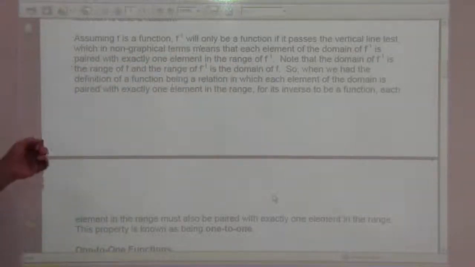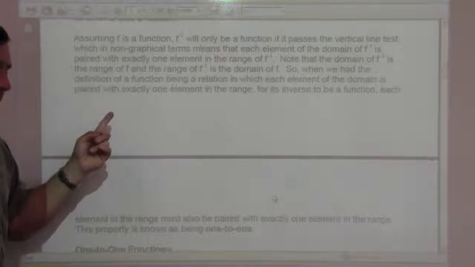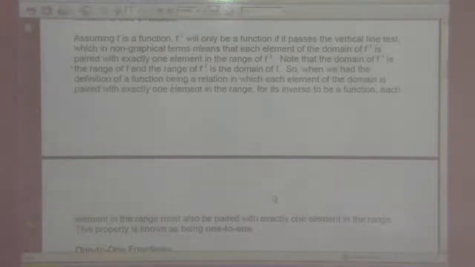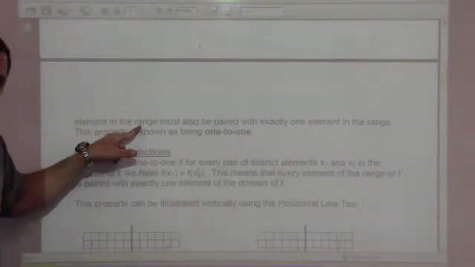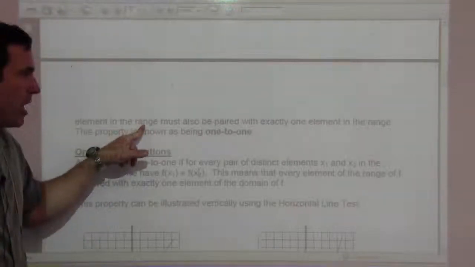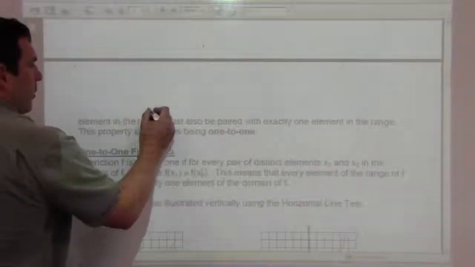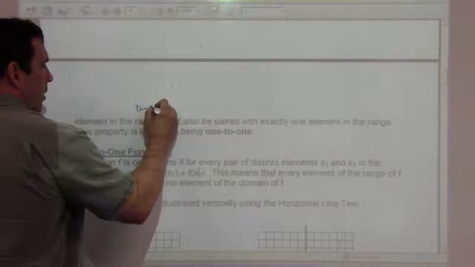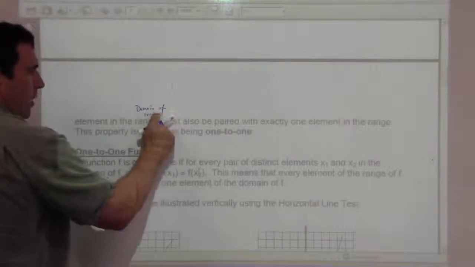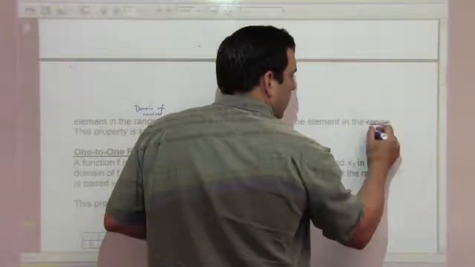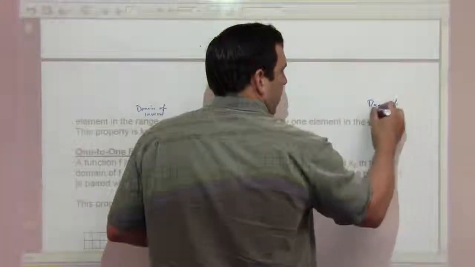So when we have the definition of a function being the relation in which each element of the domain is paired with exactly one element of the range, for its inverse to be a function, each element in the range of the original, which is the domain of the inverse, must be paired with exactly one element in the domain of the original, which is the range of the inverse.